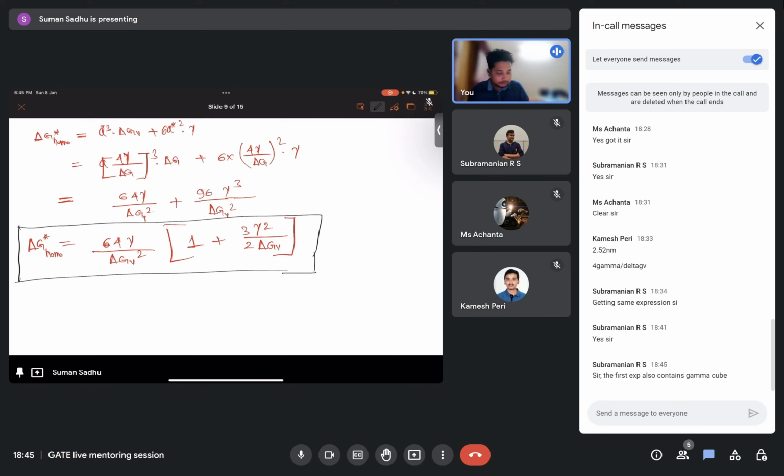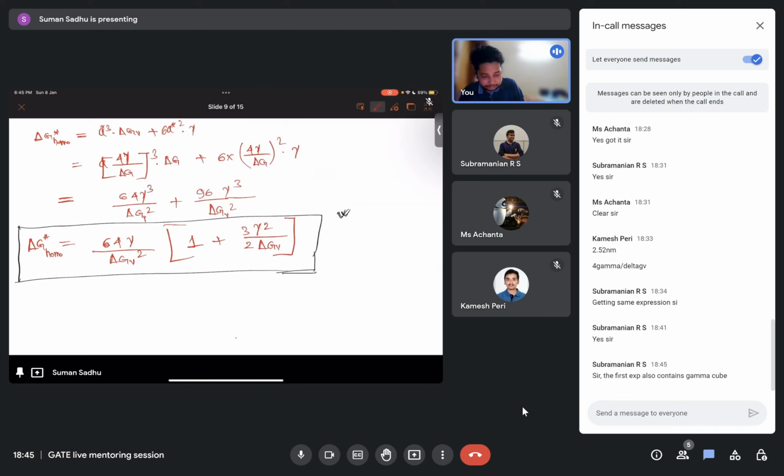I think for the cubic shape, this expression should come. The first expression also contains gamma cube. Yeah, so that's why I was thinking I am making some mistake, but thank you for pointing me out. So here also it will be gamma cube, right?